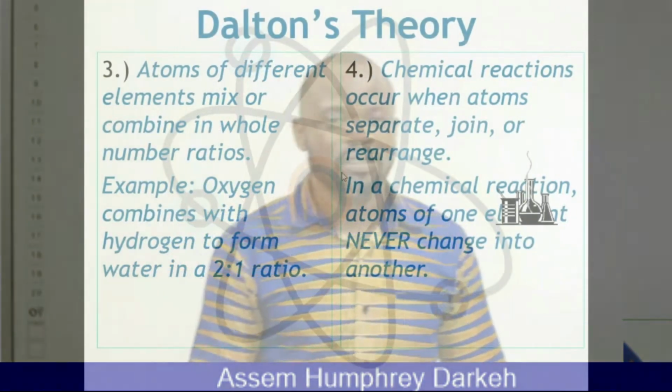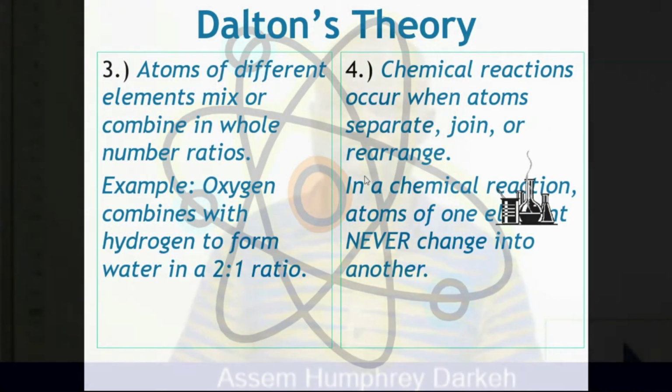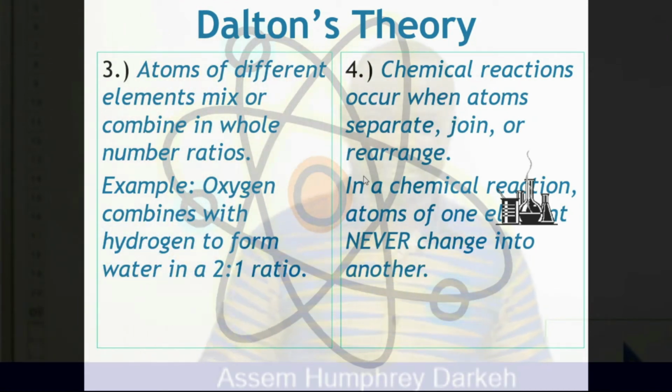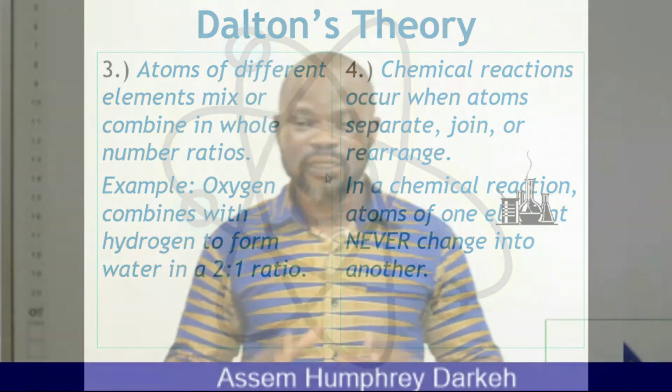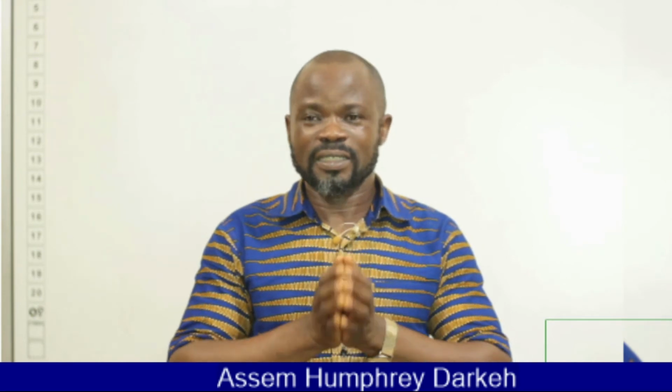His fourth postulate says that chemical reactions occur when atoms separate, join, or rearrange. And we also saw this in Proust's experiment. Thus, we have water being formed as a result of a combination of hydrogen and oxygen atoms.